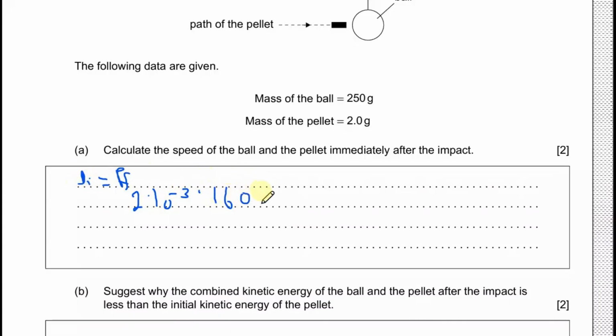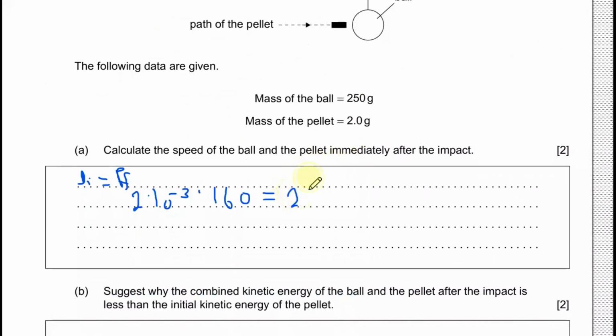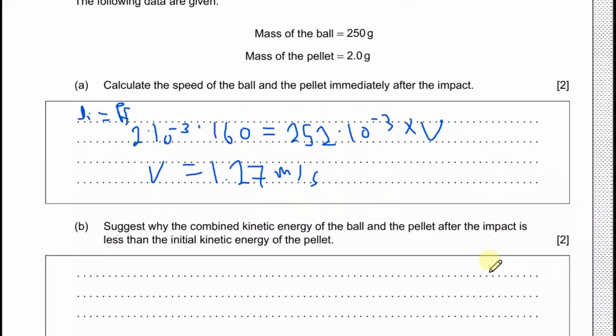So this is mv, which will equal the mass of the ball and the pellet, 252 grams, so 252 times 10 to the minus 3, times v. So now v would be equal to this expression. We're going to be getting a value of 1.27 meters per second.